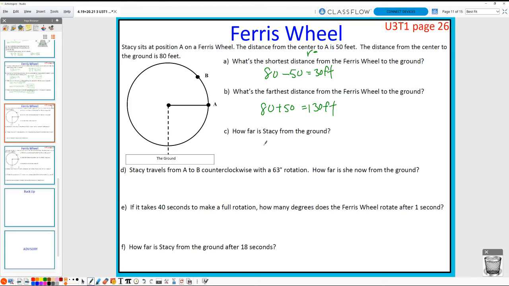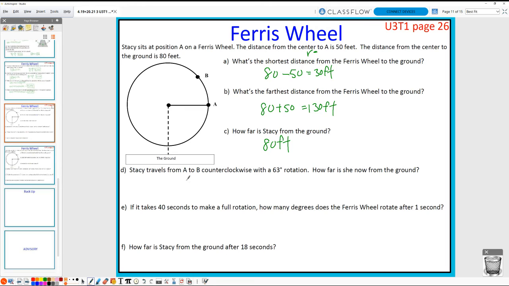How far is she from the ground in the beginning? Of course, it's the same as from the center, so 80 feet. There's no calculation required here. Again, they tell me the rotation here, so there are no seats, or at least, there might obviously be a seat on the Ferris wheel, but there are no positions on the circle.